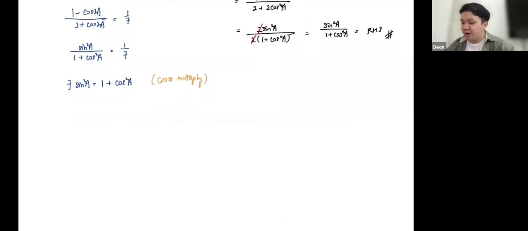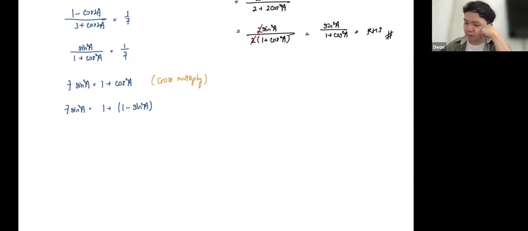So the very famous Pythagorean identity: I know that sine square a plus cosine square a equals to 1.